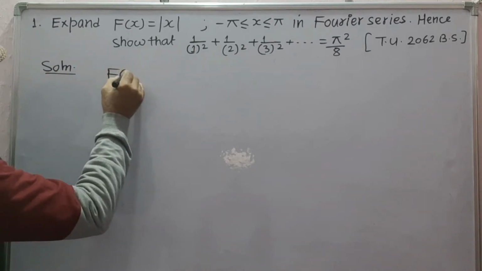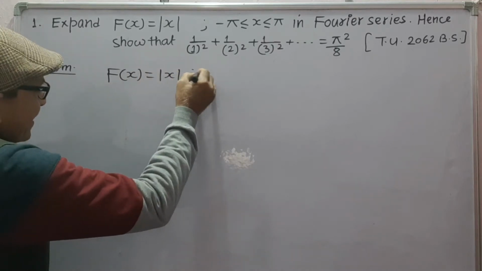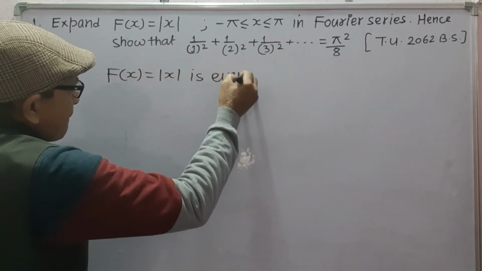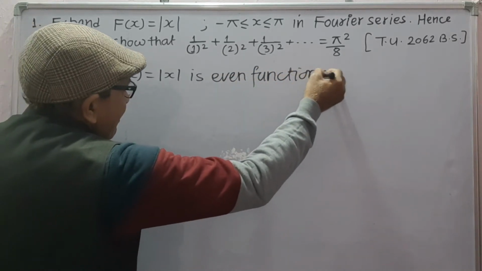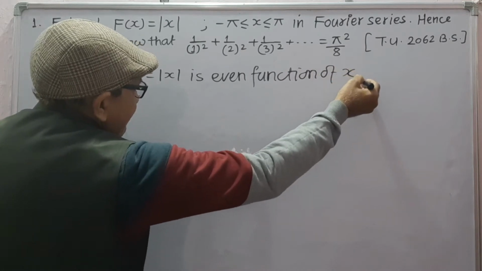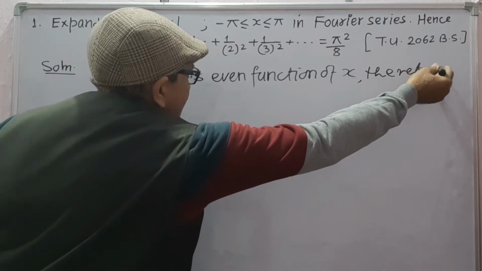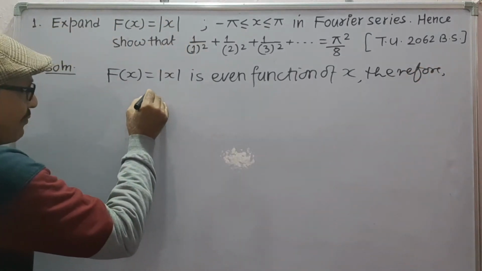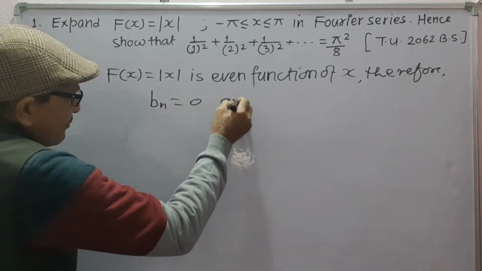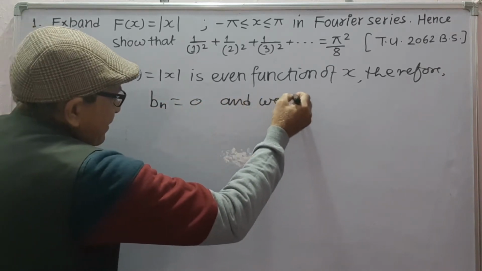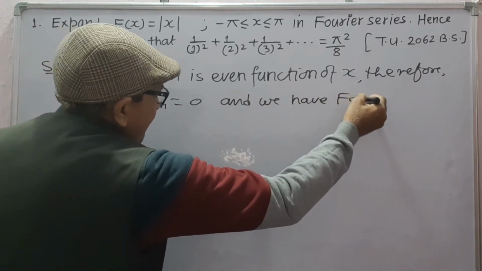because f(x) = |x| is an even function of x, therefore bn will be 0 and we have a Fourier cosine series.